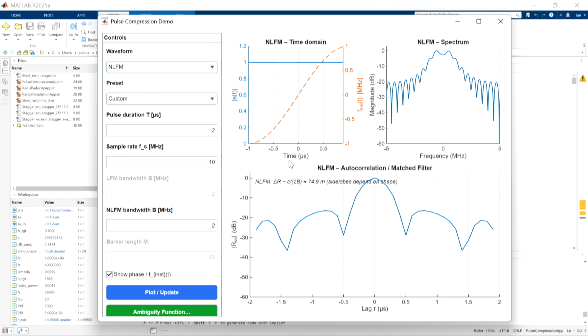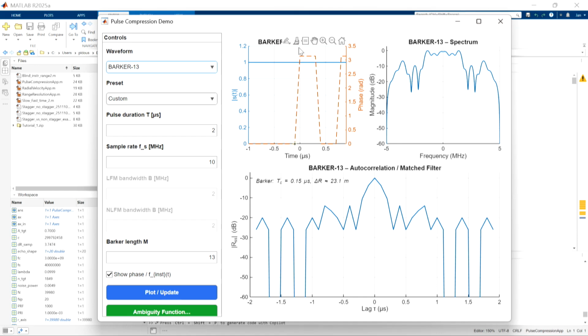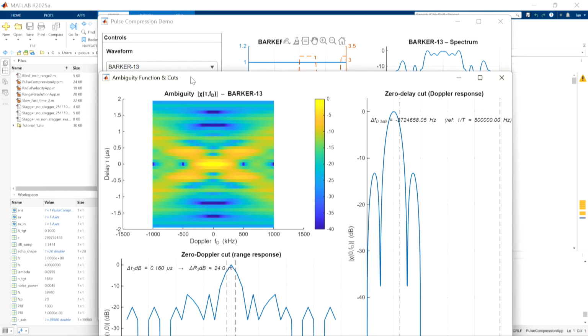Then this is non-linear. And Barker, where the phase is hard-coded by Barker code, length 13, and again the ambiguity function looks like this. So you have different views.